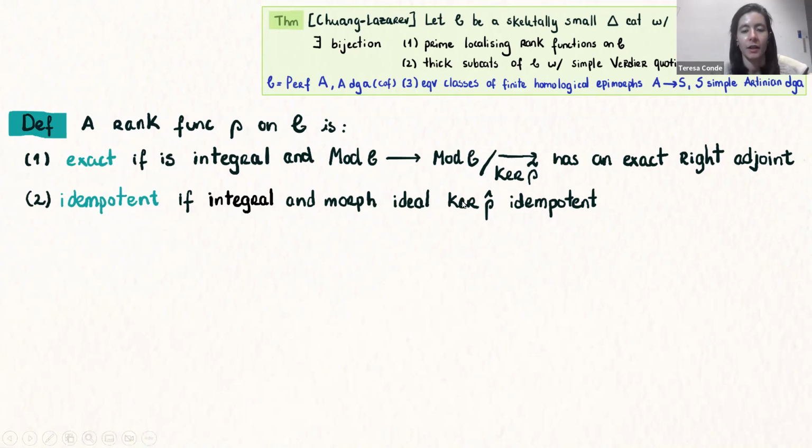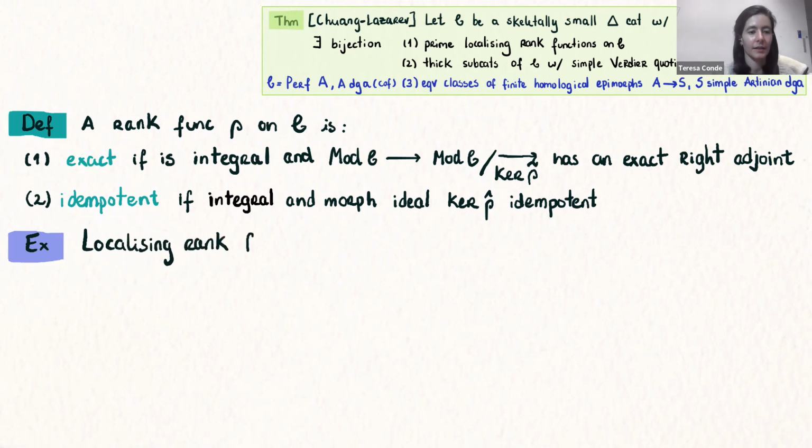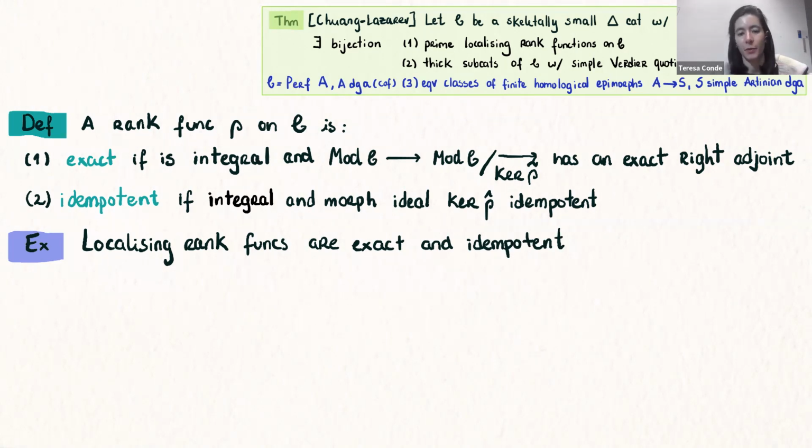So we want that if the rank of a morphism on C is 0, then this morphism should already be the composition of two other morphisms whose rank is already 0. Okay, so as an example, the localizing rank functions of Chuang and Lazarev that we have seen before, these are instances of both exact and idempotent rank functions.